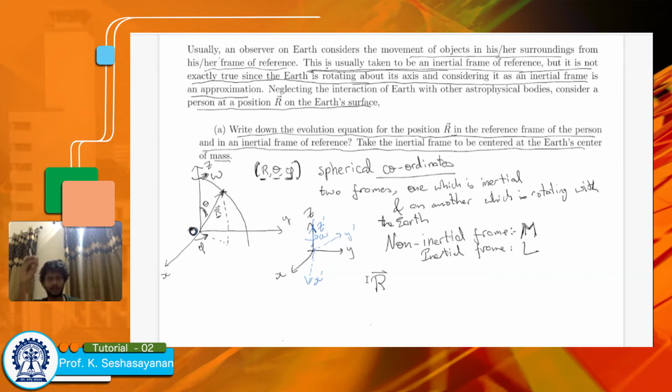So this R vector is always fixed. Whereas for an inertial observer, this R vector is something which is rotating continuously. Whereas in the rotating frame, you have R vector which is constant.